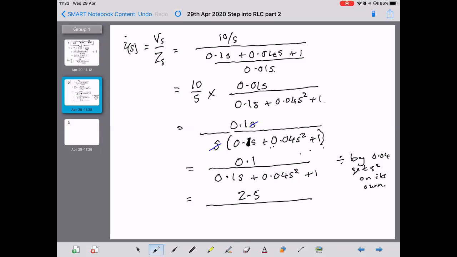And then this becomes 2.5 S. This becomes just S squared, which is what we're looking for. And the constant on the end becomes 25. And always remembering that IS is equal to that.